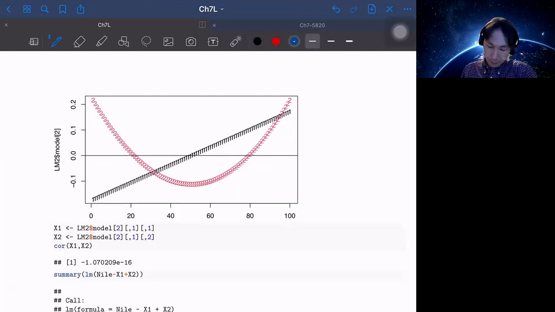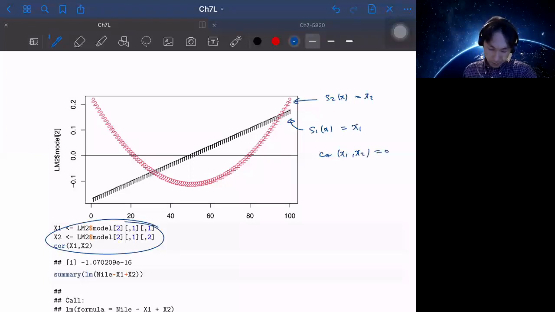So this is S1 of x, this is x1, and this is S2 of x, this is x2. The correlation between x1 and x2 is 0, almost 0, negative 1 times 10 to the power 16.